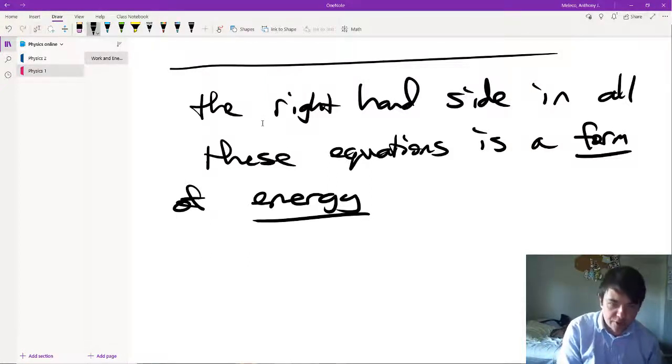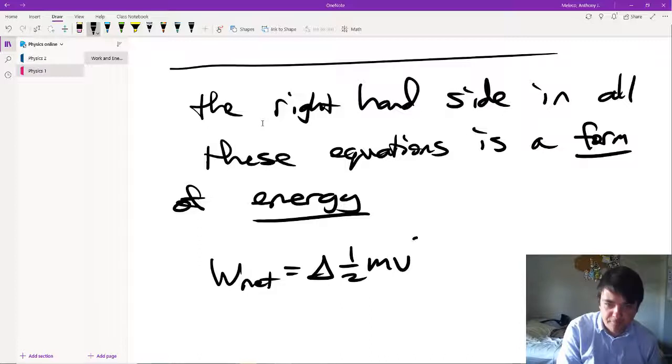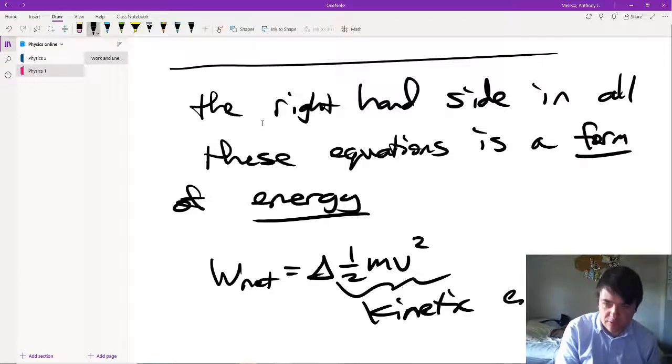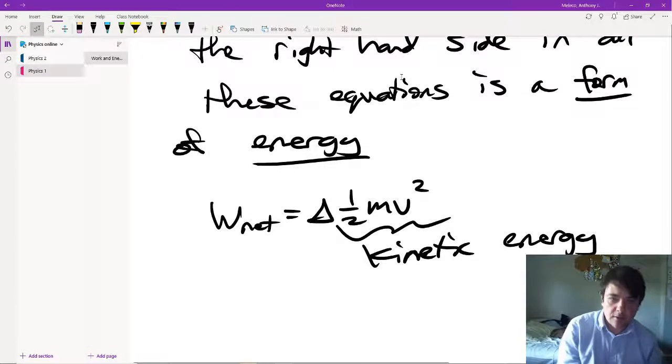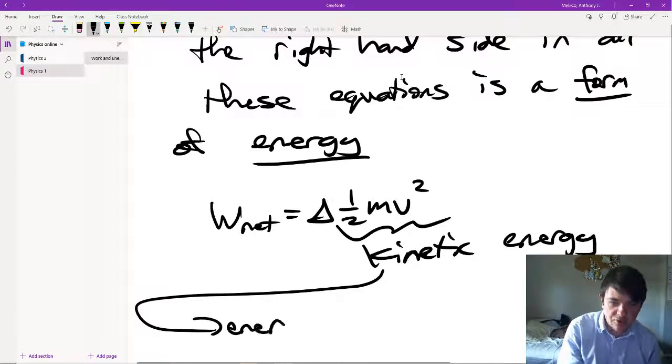So in that first equation, net work equals the change in 1/2 mv squared. This is known as the kinetic energy of an object. This is the energy of motion.